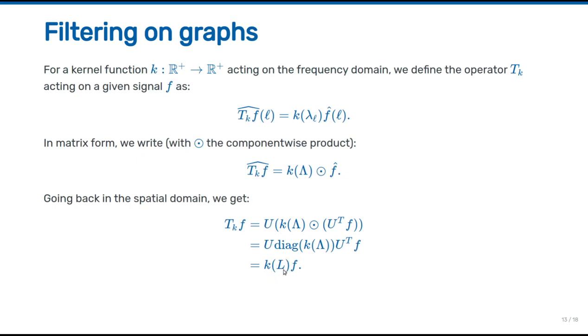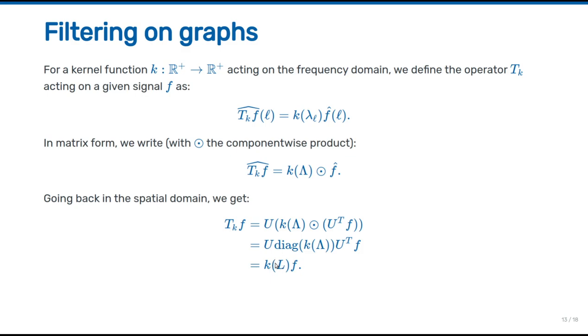And so this is why we are writing it like this: k of L for any function k. And the definition of this k of L, if you want, is exactly this notation. So note that if k is a polynomial, actually, this makes complete sense.